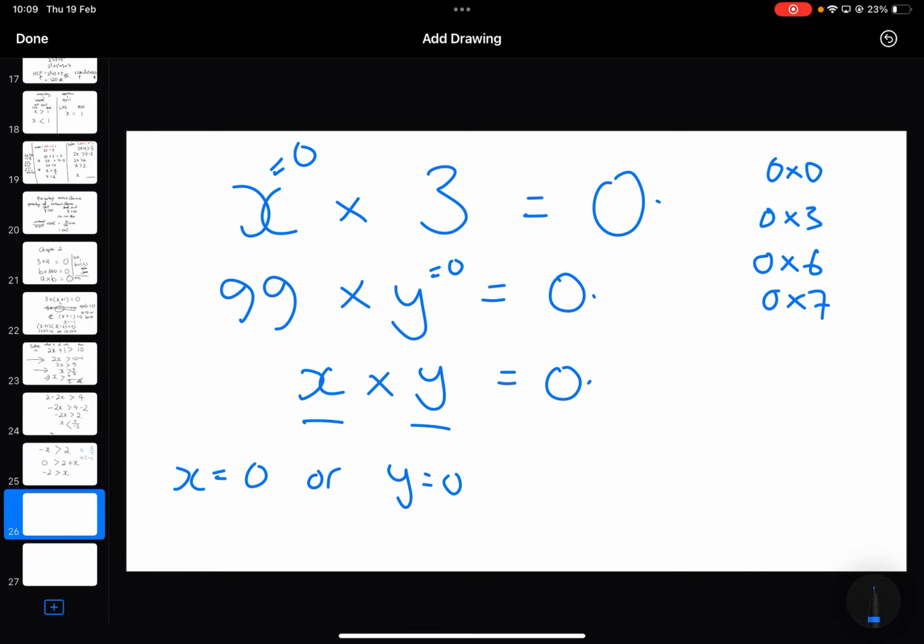It is actually very similar. Okay? Then just now you were able to tell, when one of them is 0, I don't care what the other one is. As long as this is 0, my left hand side will become 0. Or, if this is 0, this left hand side will become 0.